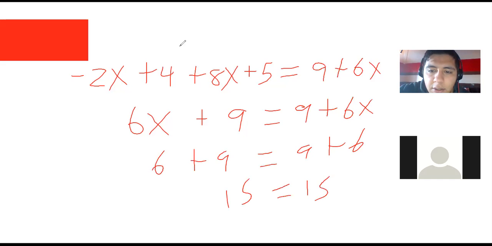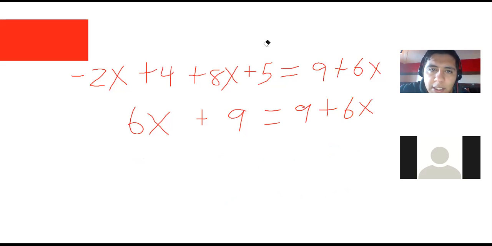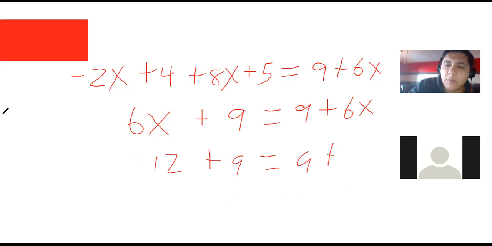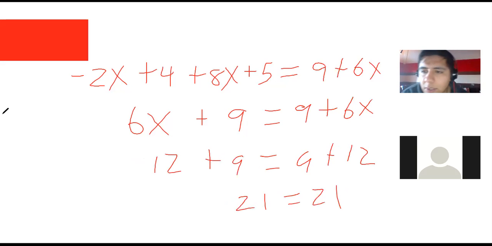Or let's say I were to plug in 2. I could do 6 times 2 is 12, so 9 plus 12 on both sides, and that's 21 on both sides. So if you notice, it doesn't matter what I plug in, all of them work.